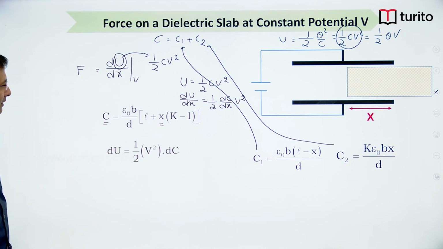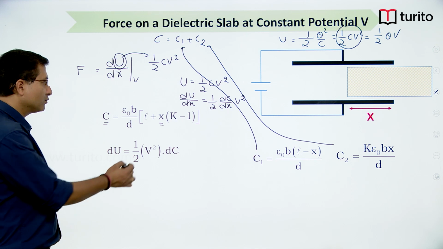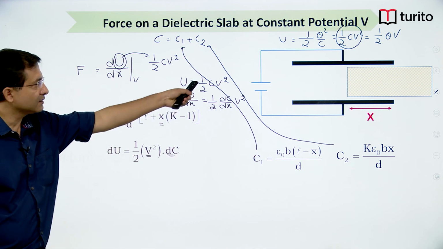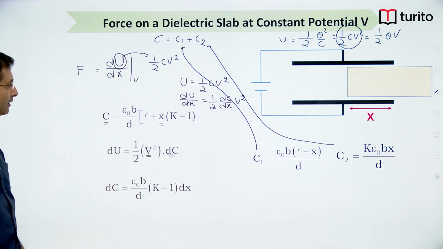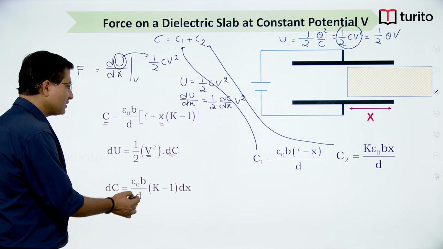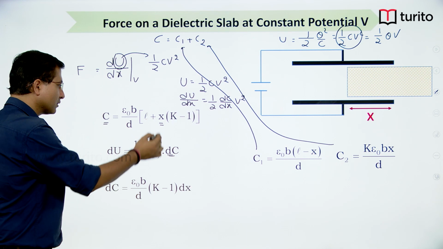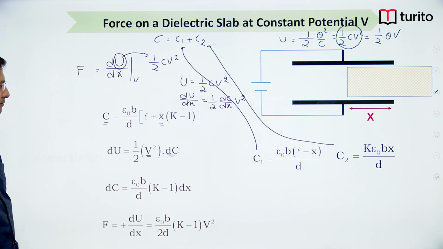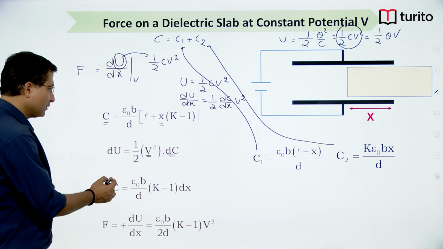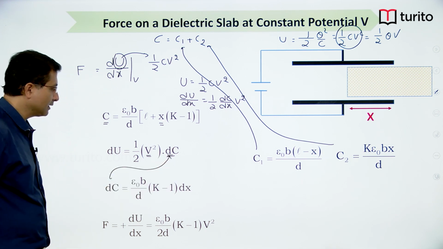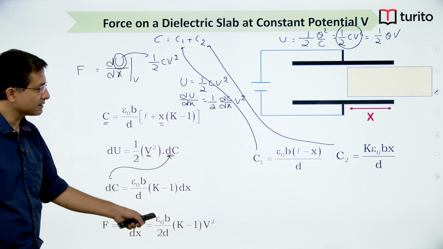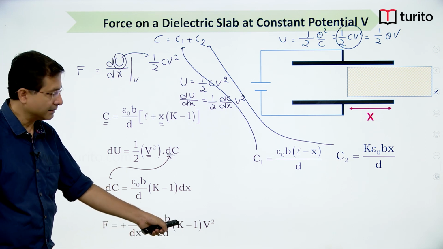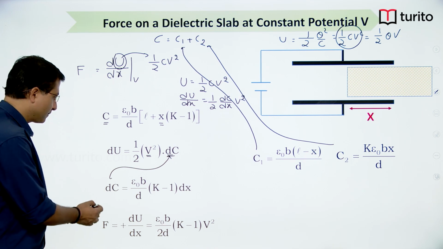So, dC by dx is K minus 1. I substitute this value over here. So, I will get F is equal to dU by dx, epsilon naught B divided by 2D in bracket K minus 1 V square.